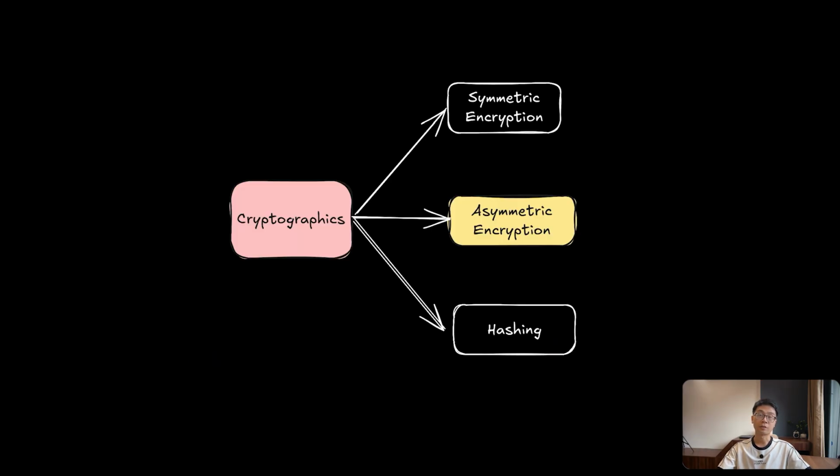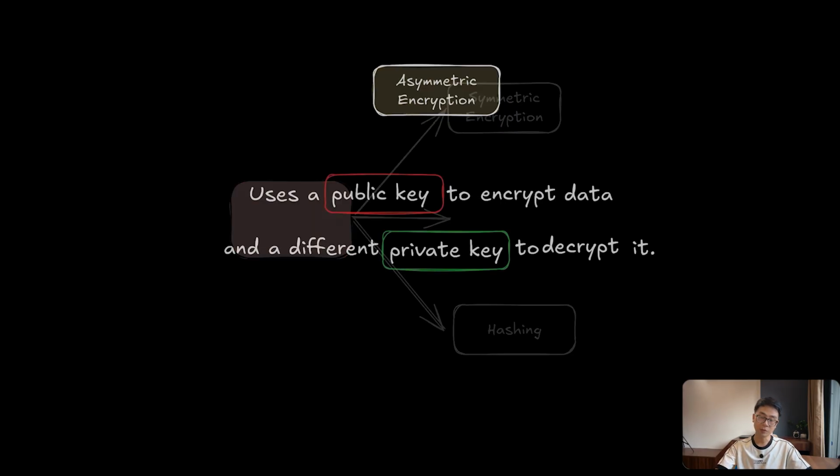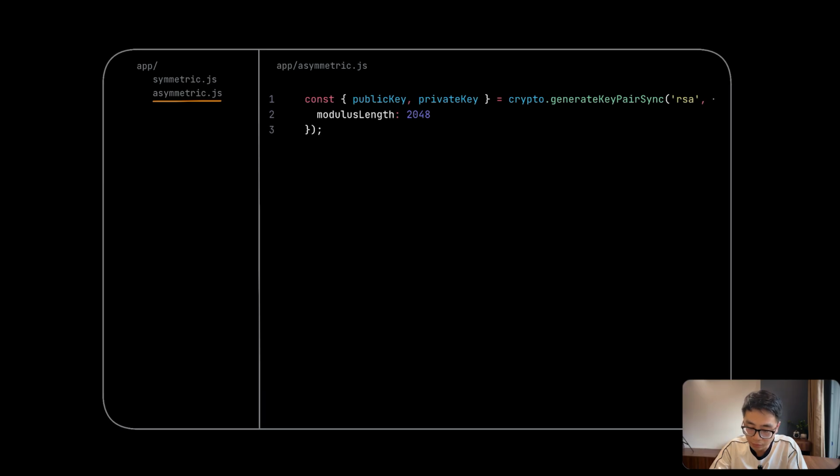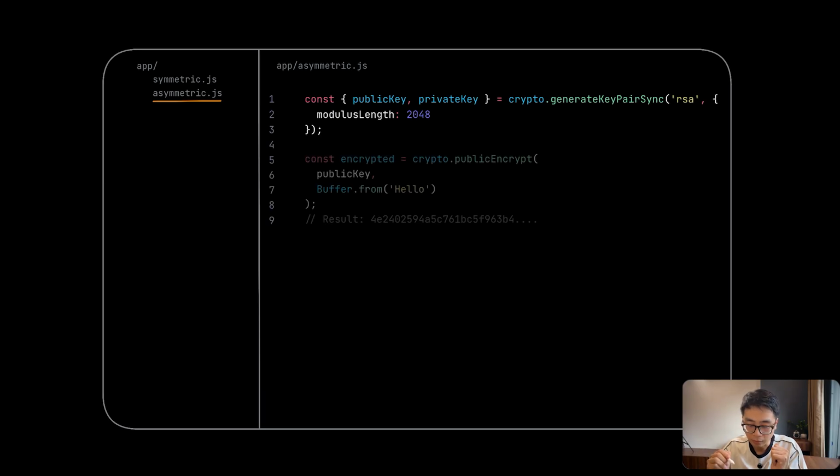Next, we have asymmetric encryption, which is quite funny because for asymmetric encryption, we have two keys, a public and a private key, forming a pair. We use the public key to encrypt the data and the private key to decrypt it. For example, we have here a function to form a public and private key, and then we can encrypt a value, which is a hello string over here, to get the result by using the public key.